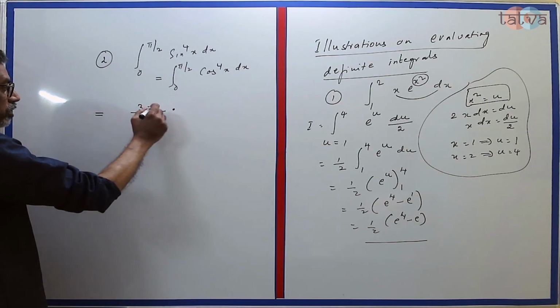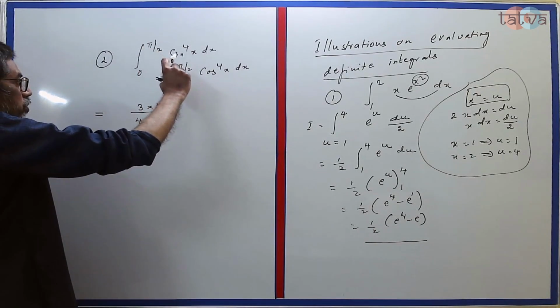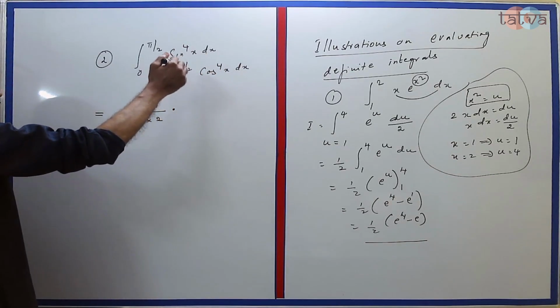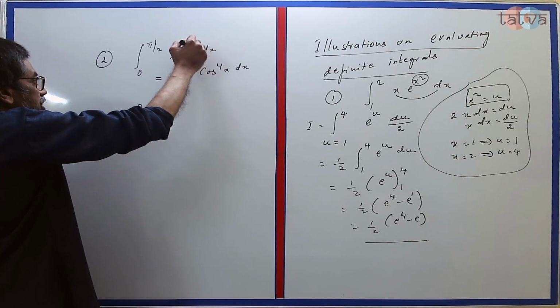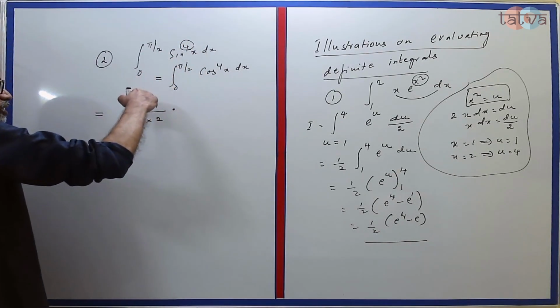Now first of all, how did we write these numbers? When you have the 0 to pi by 2 integrals for sine or cos with positive integer powers, you start with a number less than that number in the numerator. 4, reduce it by 1, you get 3.